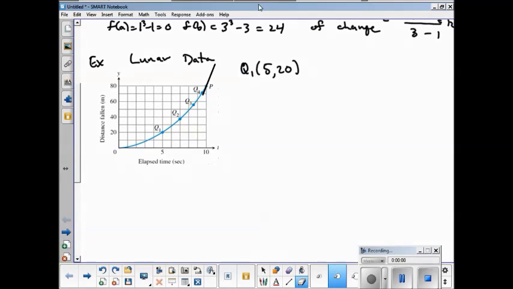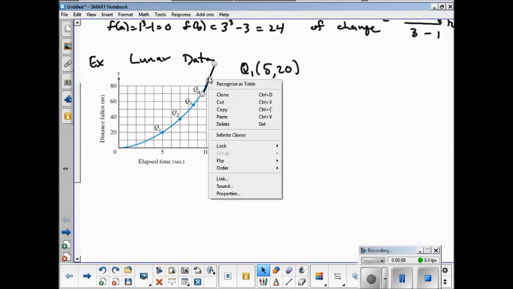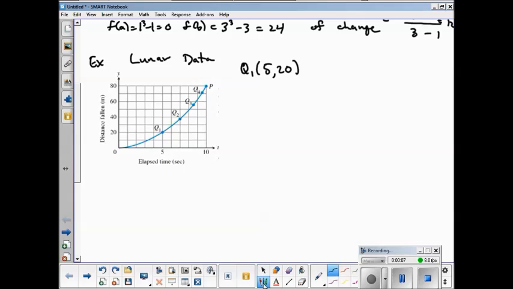I would suggest Q2 is probably about (7, 38), and that Q3 is at (8.5, 56).